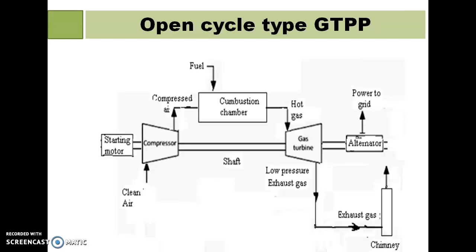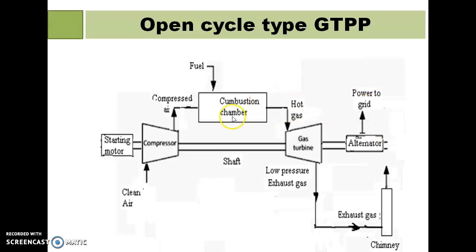Now this working of the gas turbine power plant is classified into two types: open cycle type gas turbine and closed cycle type gas turbine. So this is the diagram for the open cycle type gas turbine power plant.